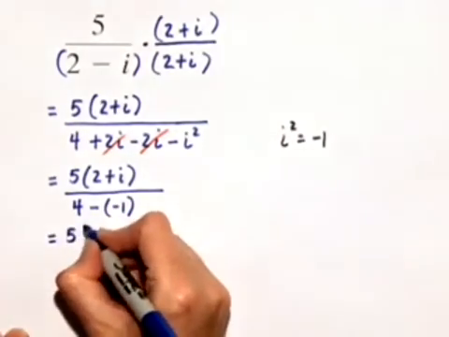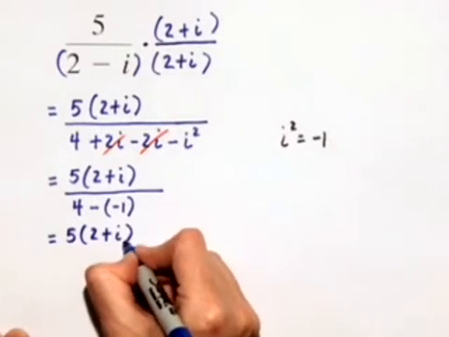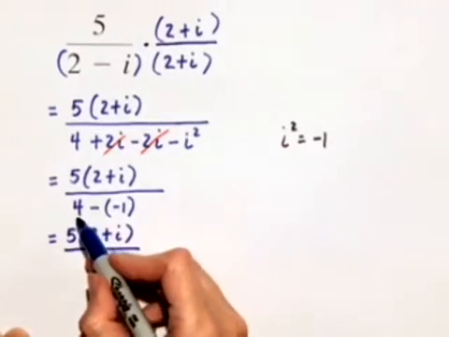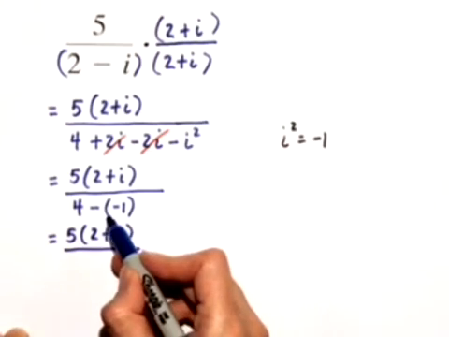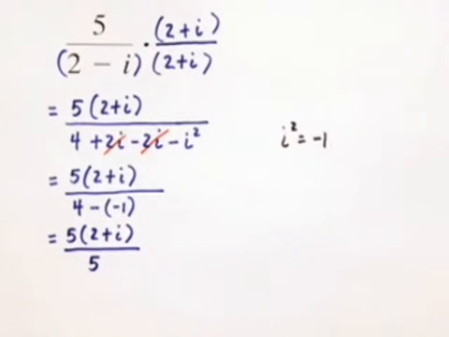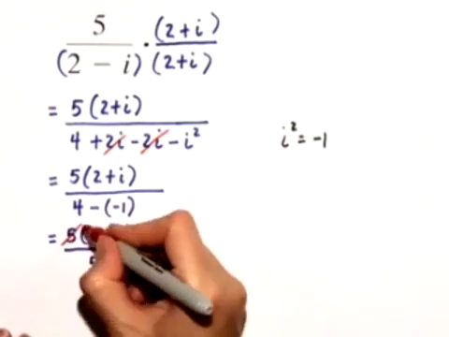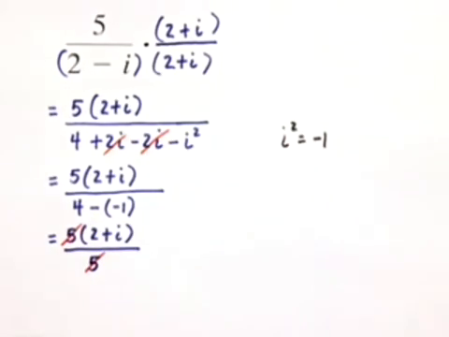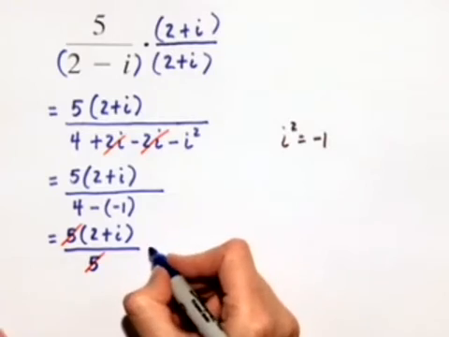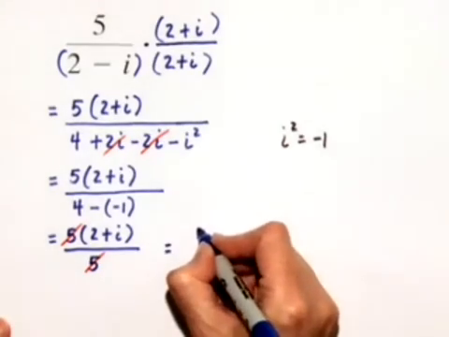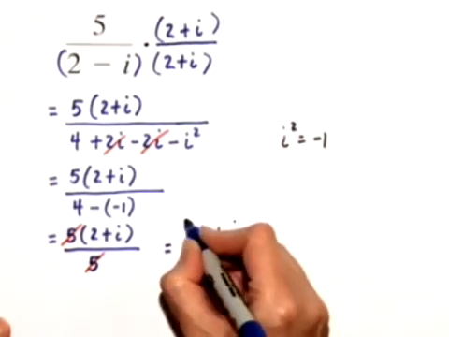So we have 5 times the quantity 2 plus i over 4 minus negative 1 really becomes 4 plus 1, or 5. And it was nice that I kept the numerator factored, because now we can divide out these like factors of 5, and we can write the final answer in standard form as 2 plus i.